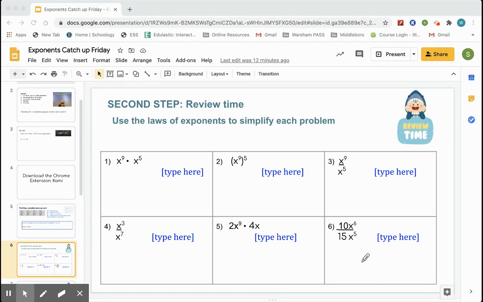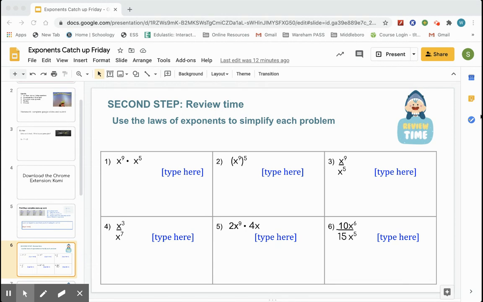All right, I can look at 10/15 and simplify that fraction because the greatest common factor is 5. So 5 times 2 is 10, and 5 times 3 is 15. So the first part of this answer is 2/3.